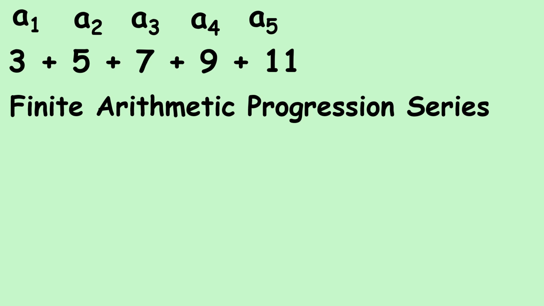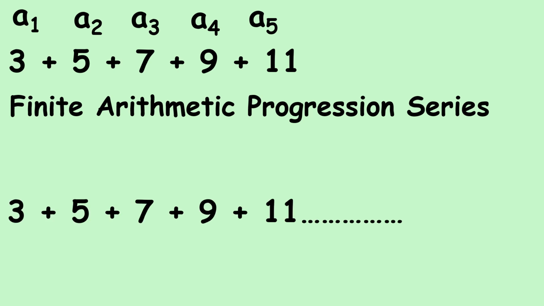We call it a finite arithmetic progression series because we are carrying out an operation of addition. Now, the moment you have this same arithmetic progression series below, but with the dots, it means it goes on and on. It now becomes infinite.